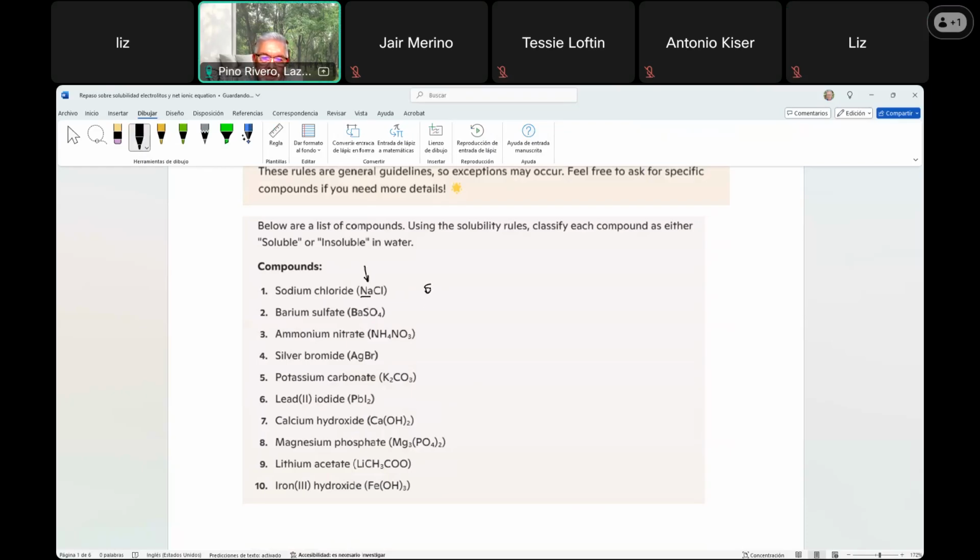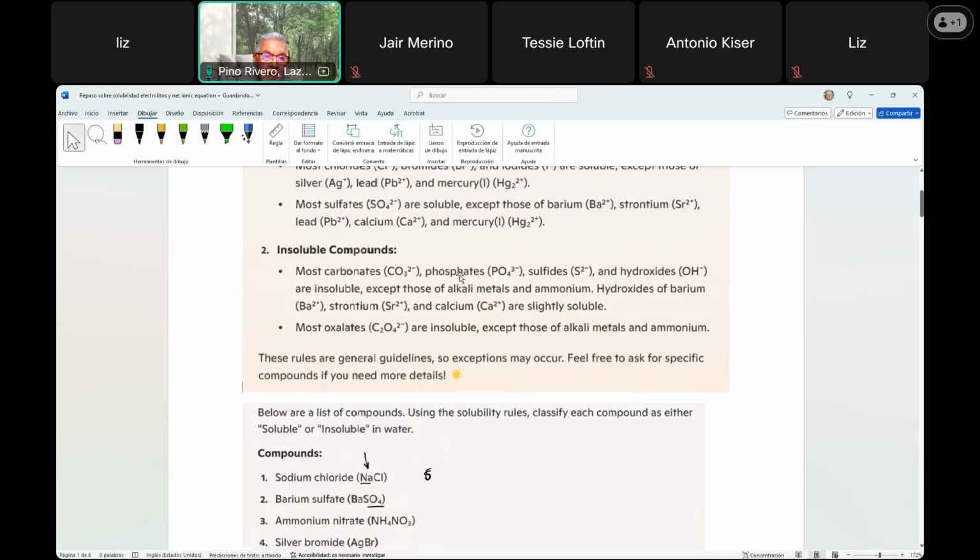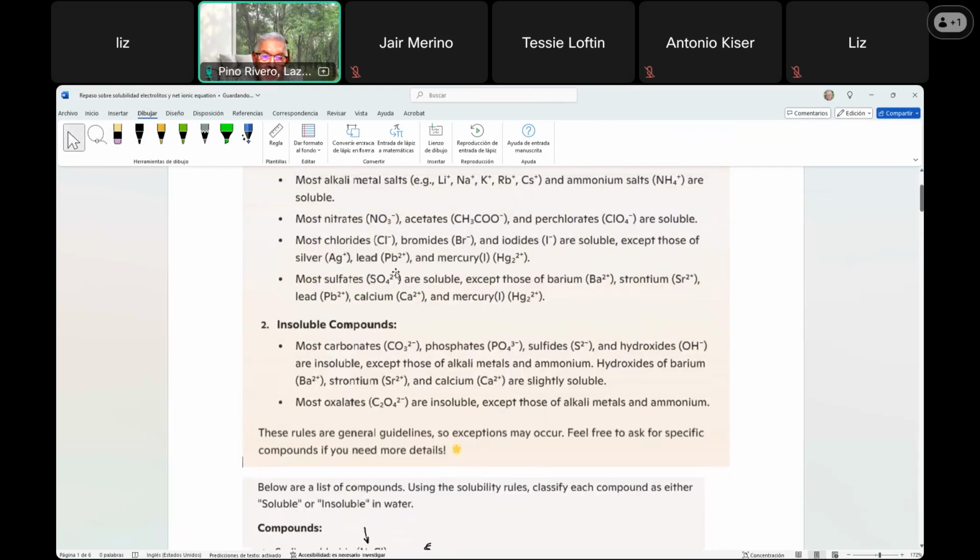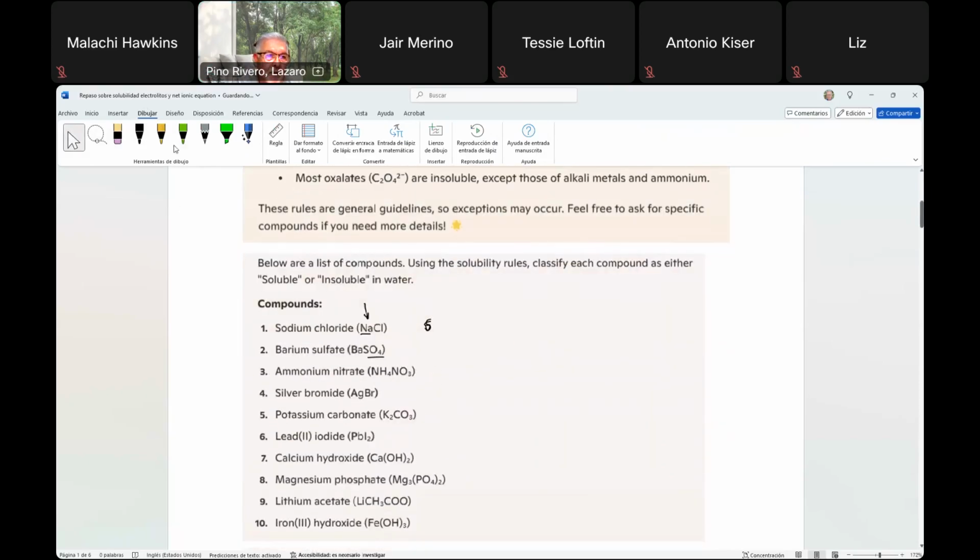Okay? What about barium sulfate? What do you think? If we go back, we can see that most sulfates are soluble, except, look, barium is not soluble when you have a sulfate, okay? Then we have to say that it is insoluble.